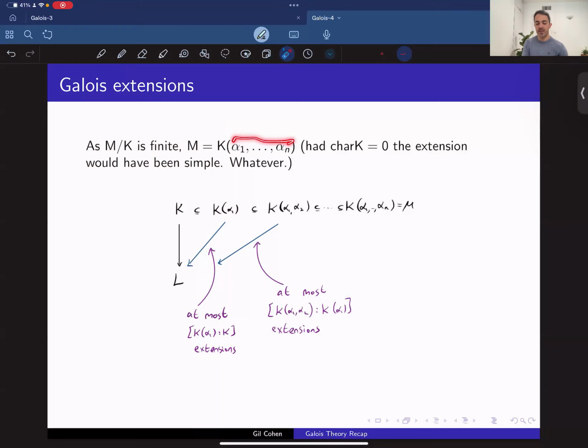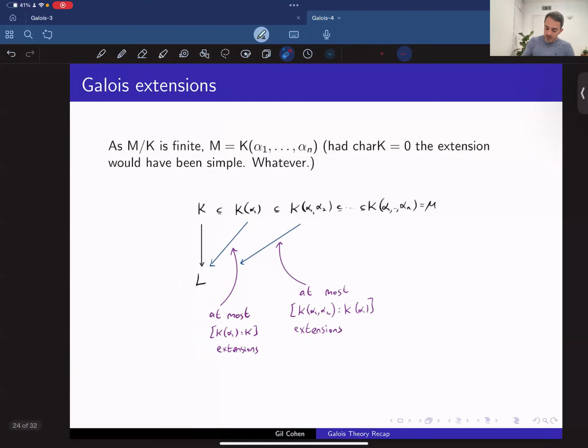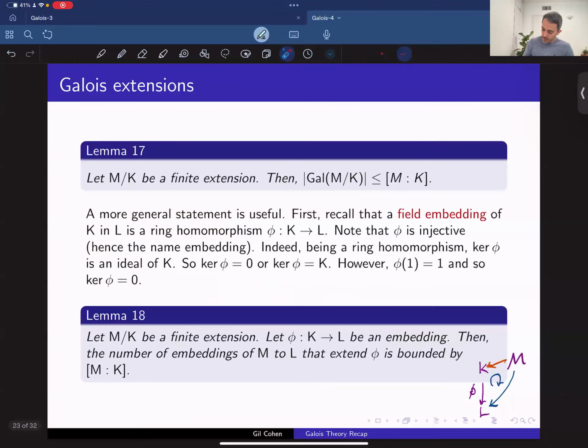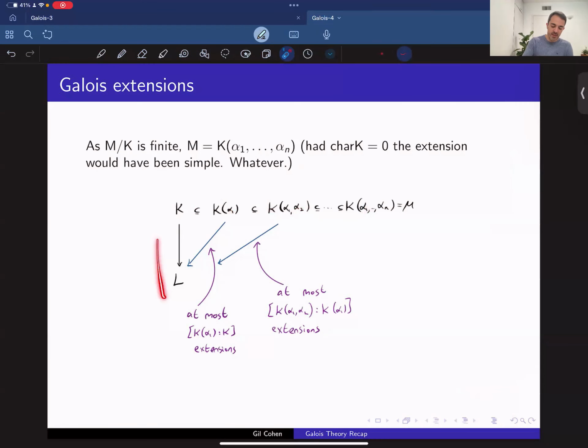So for now, we have this finite number of generators, and we are going to work one by one. So the picture from before, instead of M, I'm going to write K of alpha 1, and then extend it and so forth. So let's look at this triangle initially.